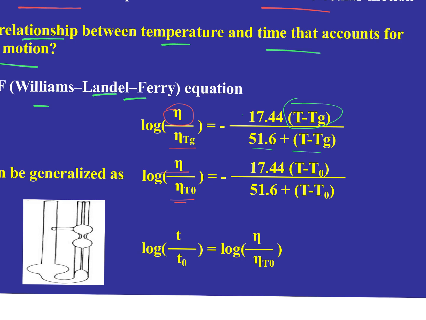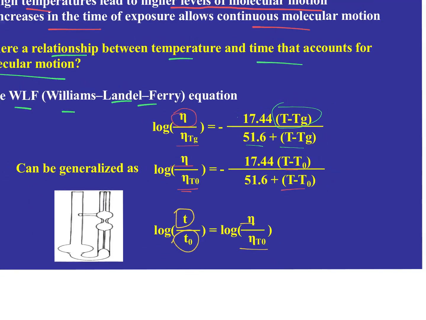And again, it's 17.44 times the differential in temperature, T minus T naught, divided by 51.6 plus T minus T naught. And it turns out, and you'll see an example of this in a minute, that we can also look at time as far as the superposition principle is concerned, and that is also equal to this log of the ratio of the two viscosities. Okay?